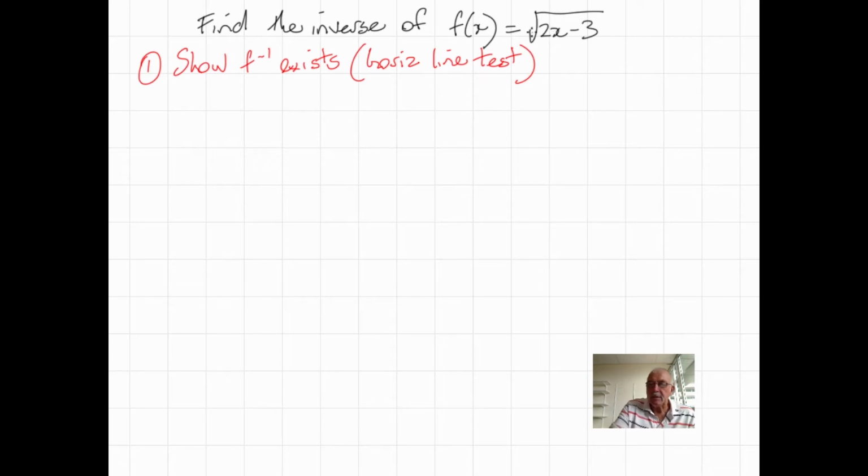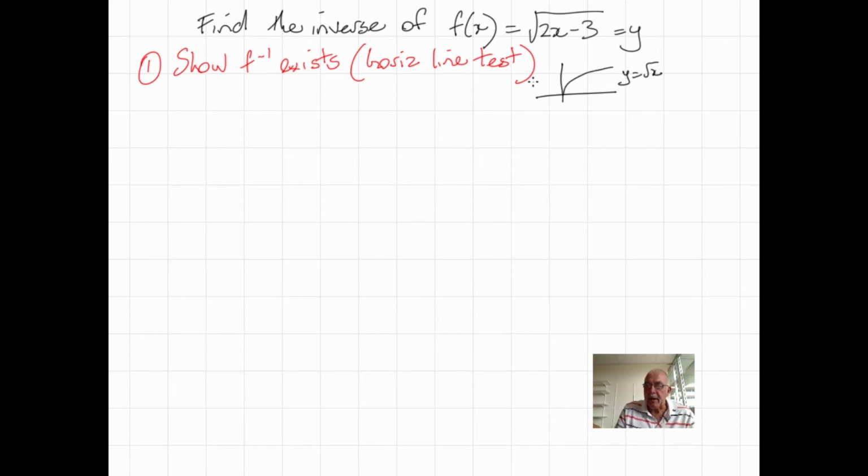Y and f of x are interchangeable, so y equals the square root of 2x minus 3. We know that y equals root x looks like that. That's y equals the square root of x, so it's going to be similar to that.